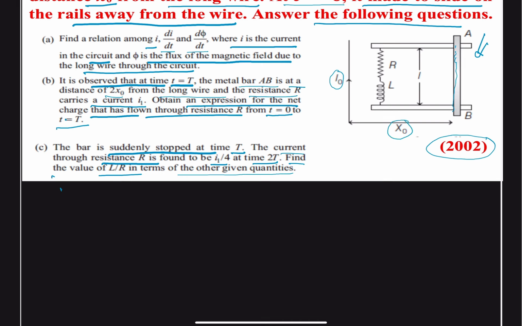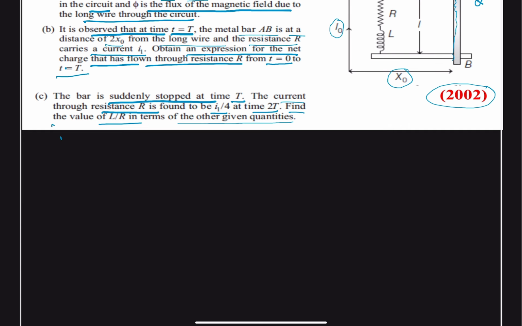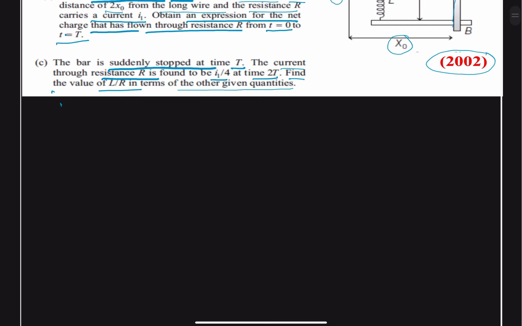Okay. So we are going to solve first of all part A. In part A, we are supposed to find out a relationship between current, dI by dt, and d phi by dt.